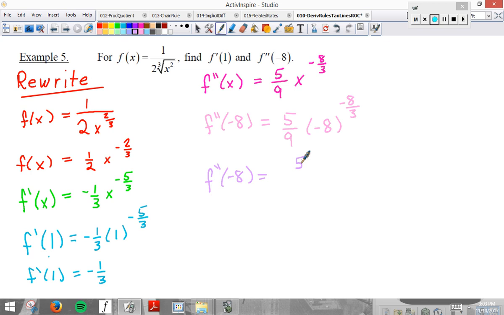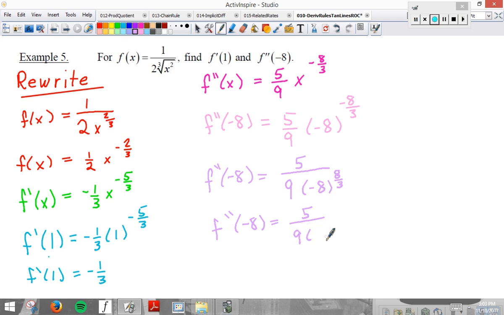So 5 over, we're going to bring this into the denominator. The inside stays the same, the power becomes positive. Careful. You have the choice. We're going to do the 1/3 first. The 1/3 is the cubic root.